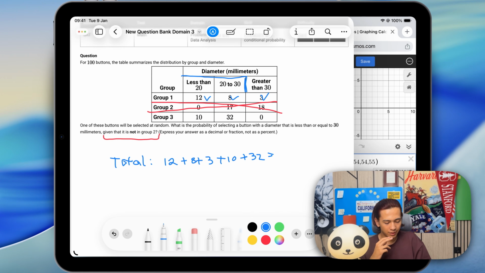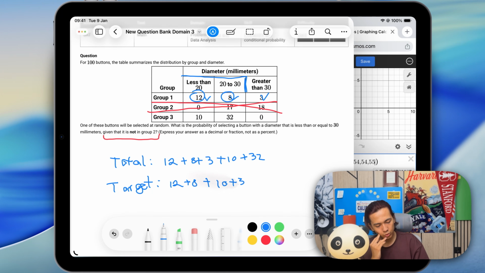So it's going to be this value, and what are the targets that we have, because in probability you have target and total. The target is that we want a diameter that's less than or equal to 30. So it's 12 plus 8, and at the same time 10 plus 32. You're just not going to have a 3 there.